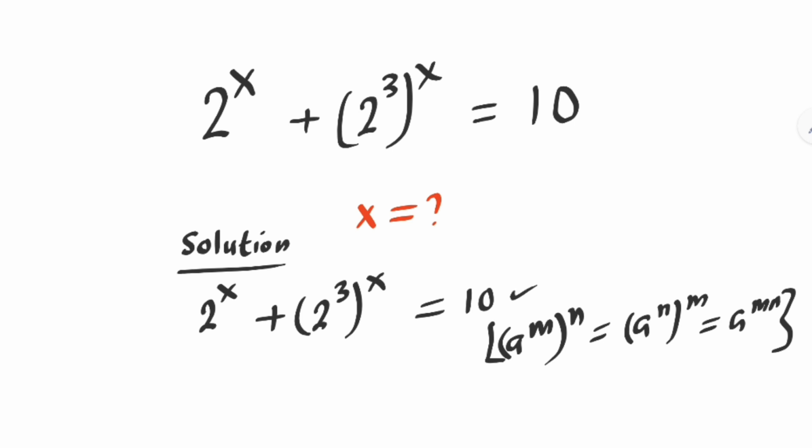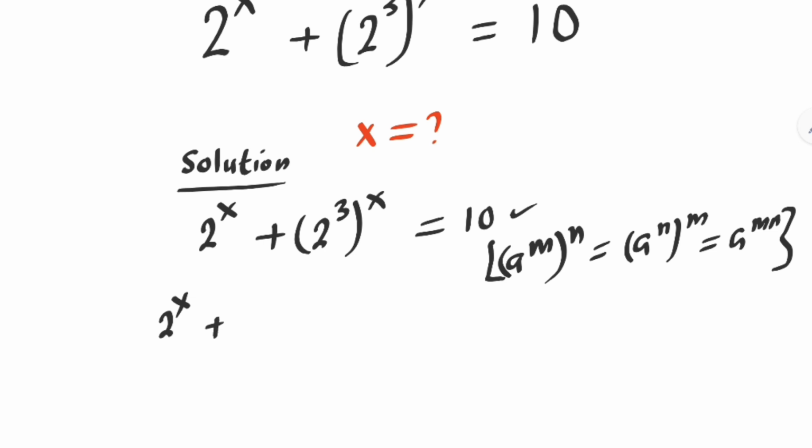Then this can be written as 2 raised to power x plus 2 raised to power x raised to power 3 is equal to 10.